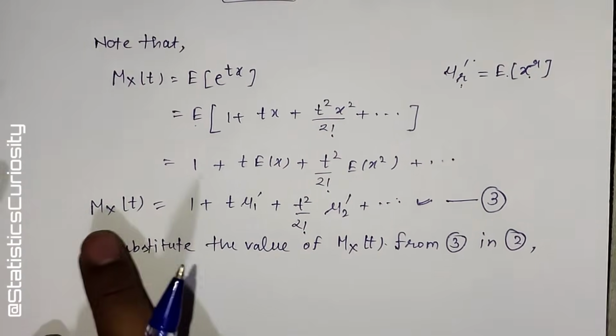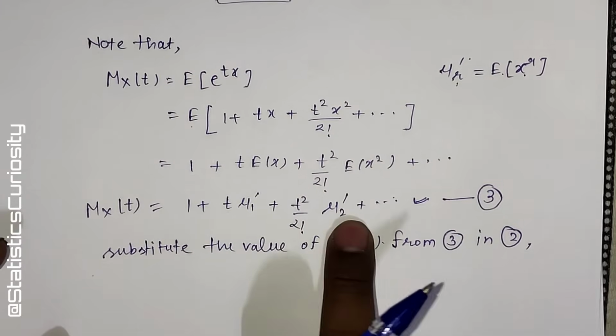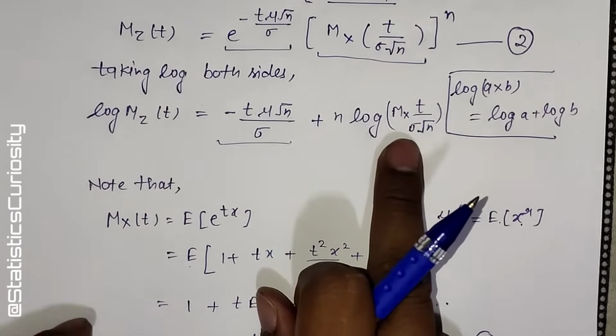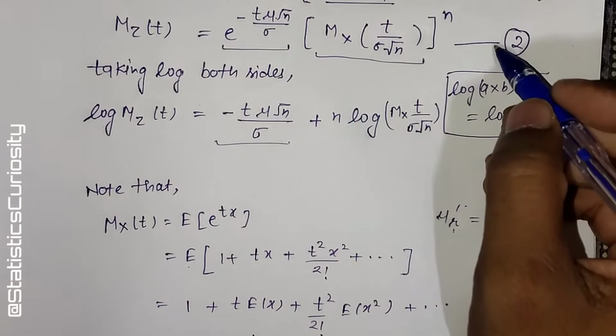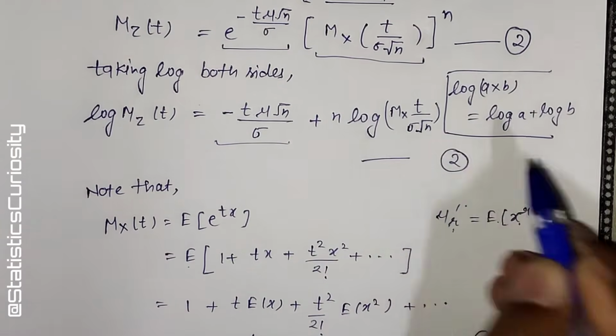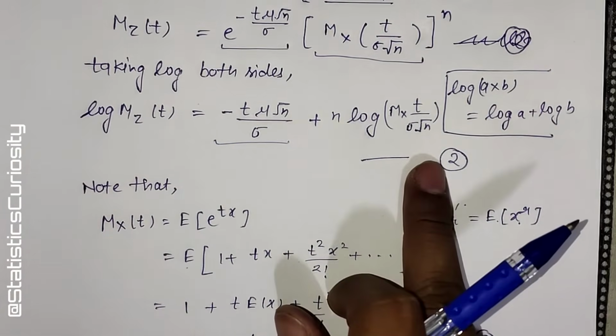So from 3 we have Mx(t) is 1 plus t mu 1 dash plus t square divided by 2 factorial mu 2 dash and so on. I think I should write this as equation 2, not this one.